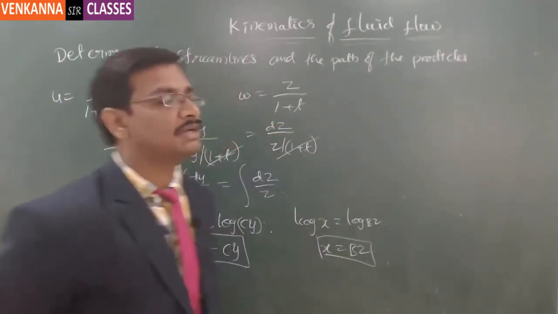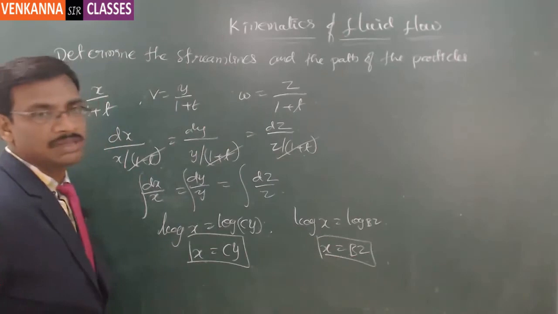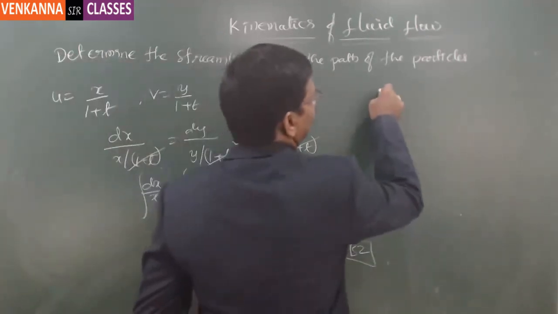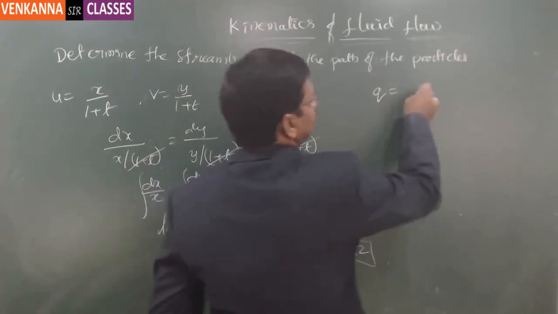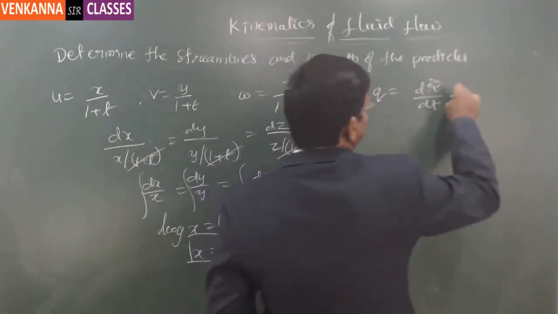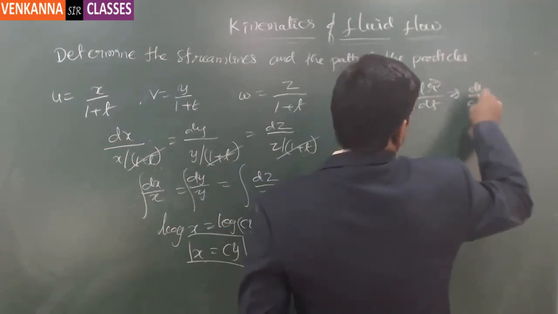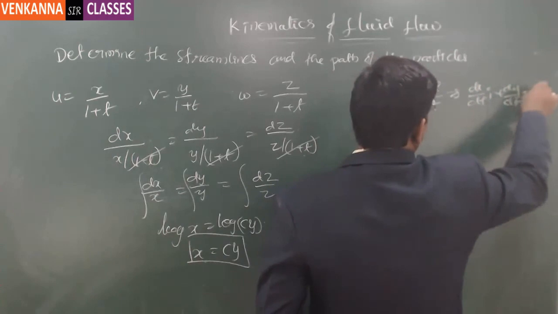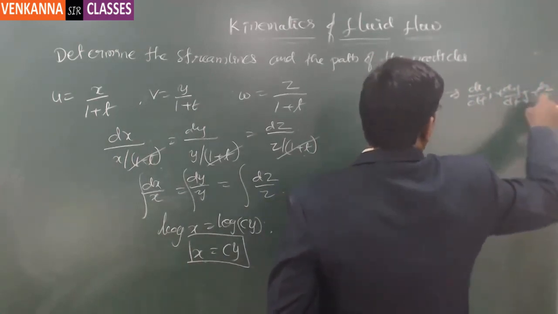Lagrange's method actually tries to trace the path of the particle starting from the initial condition. Now here u is given as x by 1 plus t, but the velocity vector is nothing but dr by dt, or dx by dt into i plus dy by dt into j plus dz by dt into k.